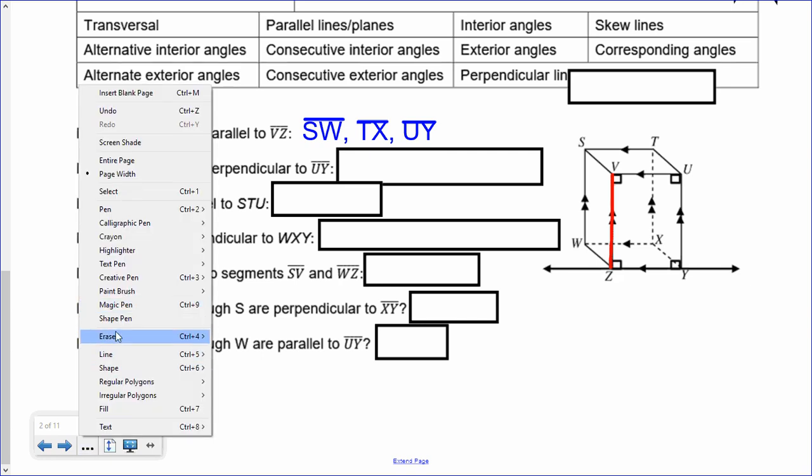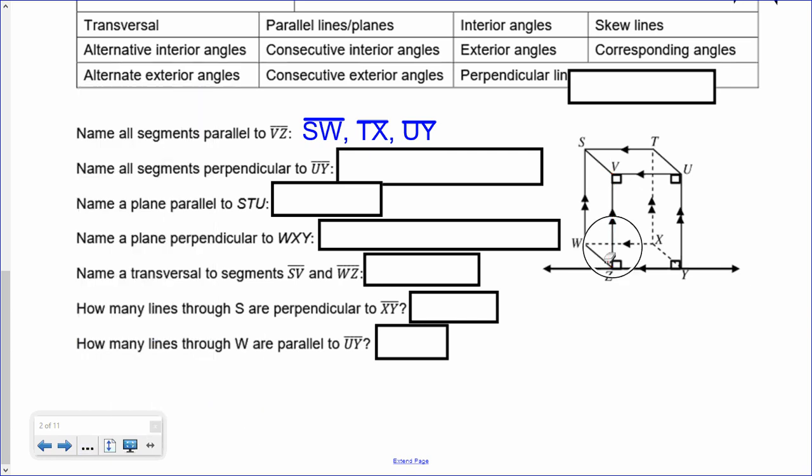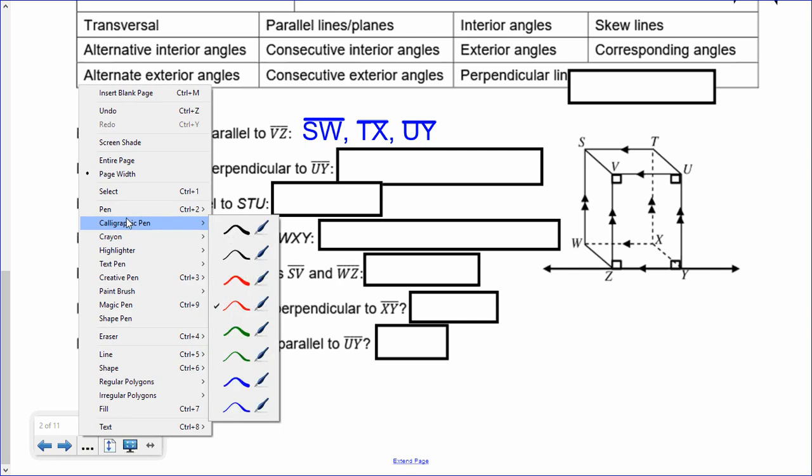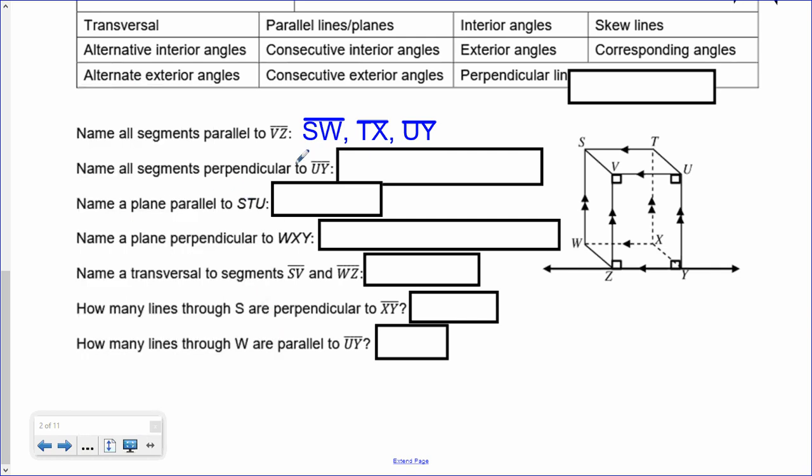Now, let me go ahead and erase that. Now we're going to look at all segments that are perpendicular to UY. So now perpendicular is no longer parallel. It's going to be creating 90-degree angles with this right here. So if you imagine a cube, we can see a 90-degree angle right here.